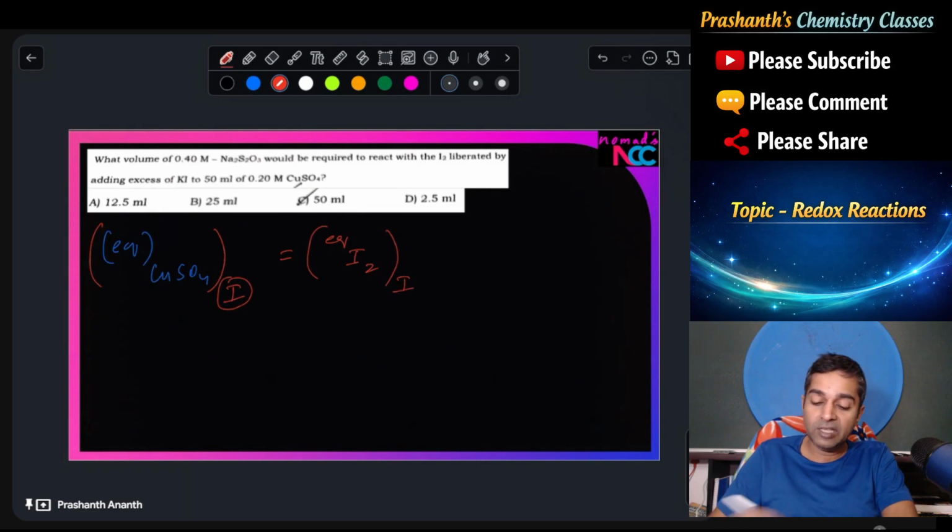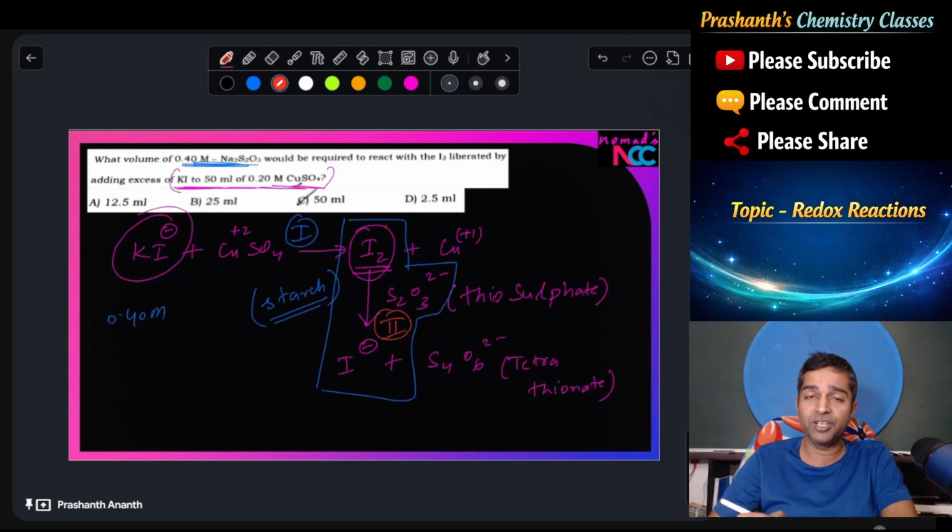Now, let us look at the iodine change which is happening here. Iodine is going from -1 to 0 in equation 1 and from 0 to -1 back in equation 2. So effectively, the N factor of I2 is going to be the same in both equation 1 and equation 2, because we have the same type of change happening.